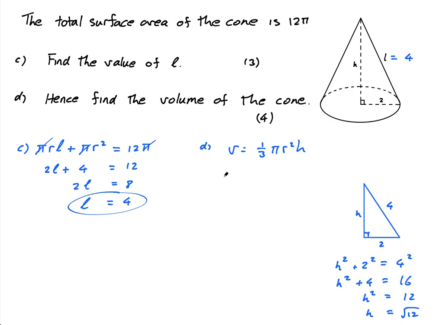So I can just say volume equals a third pi r squared, which is 2 squared, times h, which is root 12. I do need to kind of simplify this up a little bit. He doesn't give me a particular form to put it in, but 2 squared is 4, so I'm going to have 4 over 3 pi times root 12.